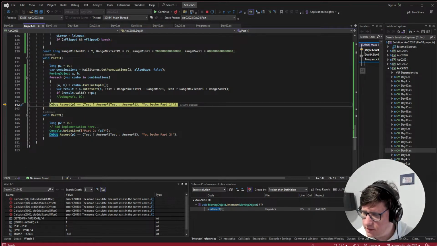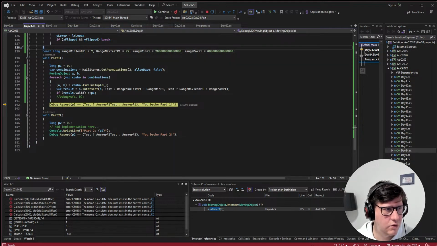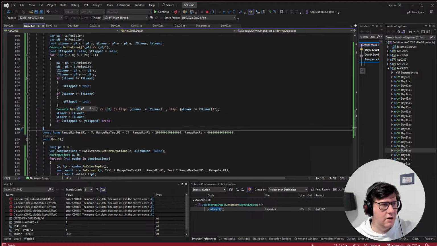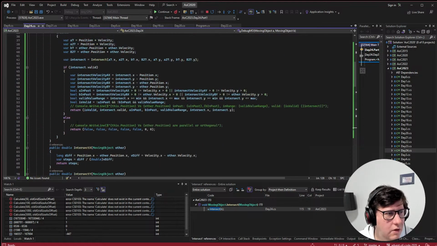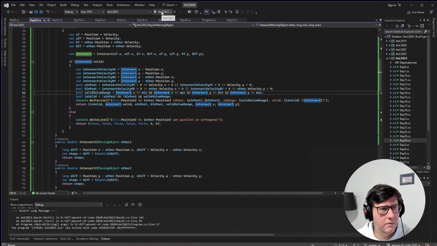Crap, I misunderstood. So it says 0 for me, so I should probably turn off the debugging here.